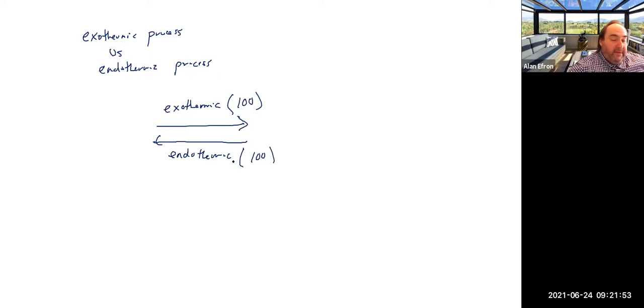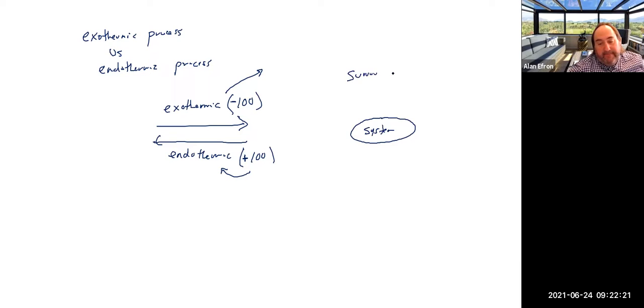But the only difference is the sign, and we represent the sign as being negative for exothermic and positive for endothermic, because we're putting energy in to do that. We're removing energy in the exothermic process. So there's a constant conservation of energy, which means when we talk about certain things, there's a system, and everything outside of that is the surroundings.